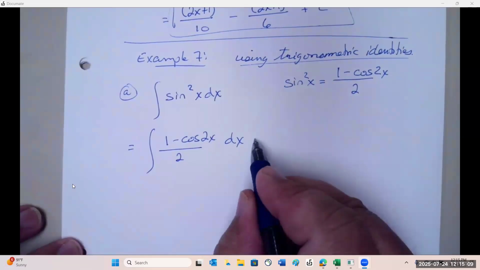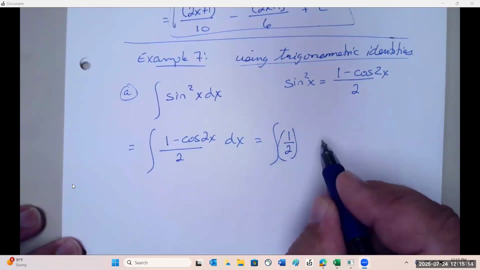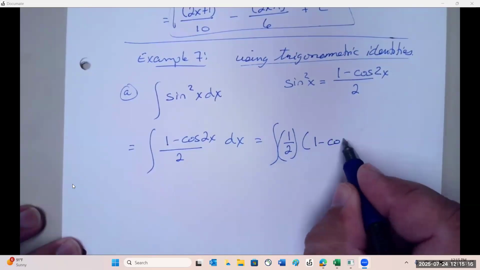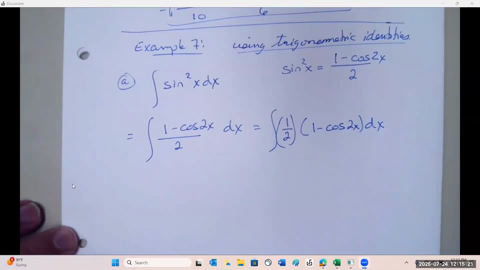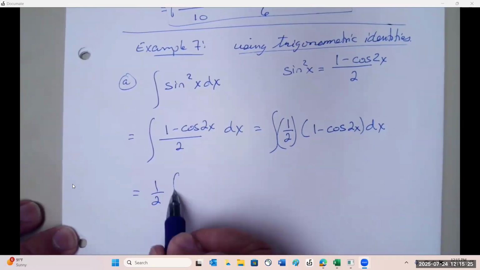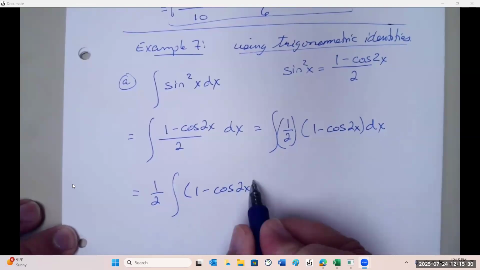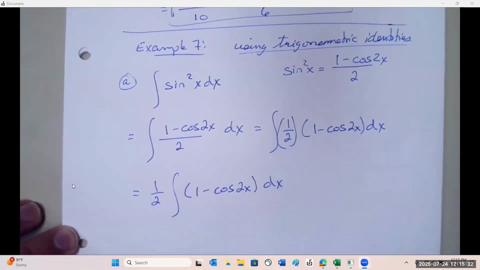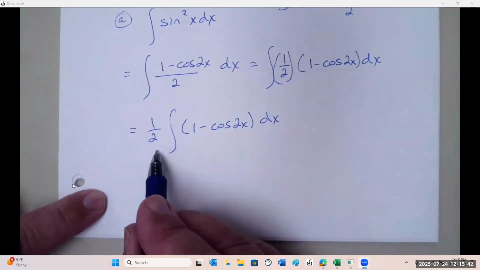The reason this is easier is because we can separate everything. That denominator comes out, and comes outside the integral, so we have a coefficient of 1/2.